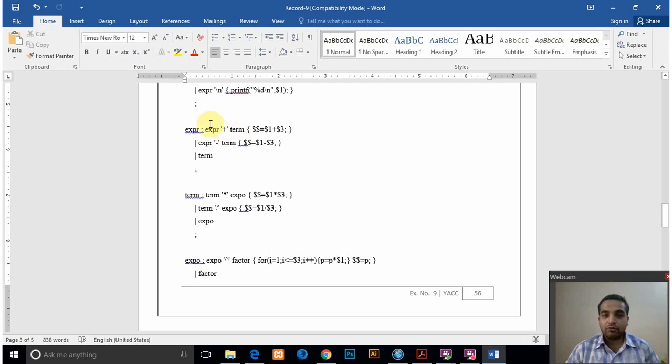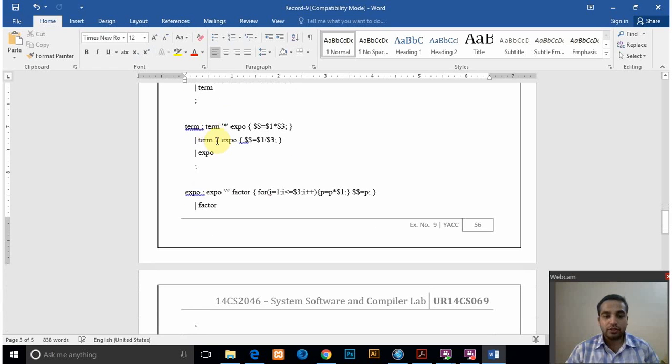The second value will be the operator plus, and we move on to the next term. The same thing for the minus operator: in expression, if we get the minus operator, then we subtract the third operand from the first operand, and the second will be our operator. We store it into double dollar symbol.